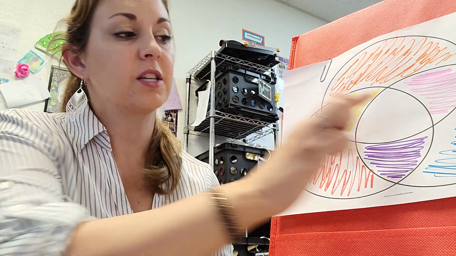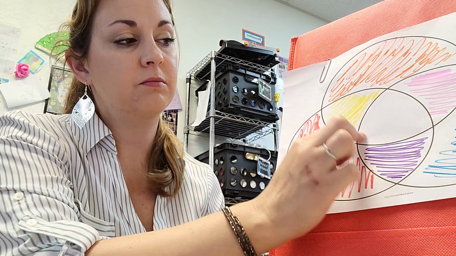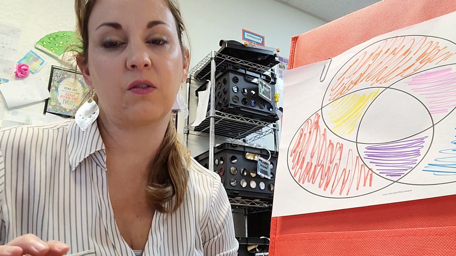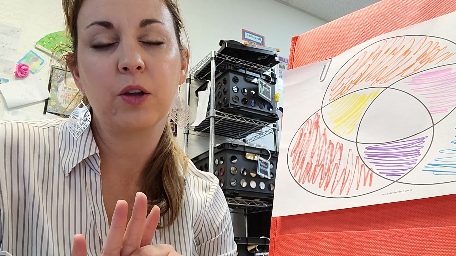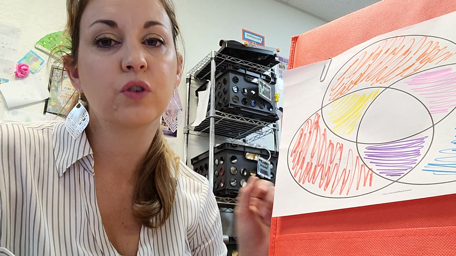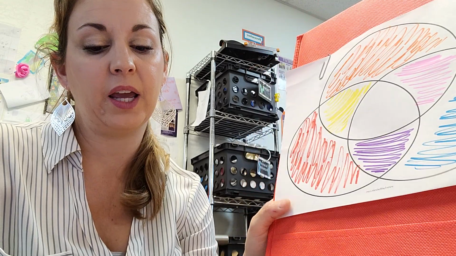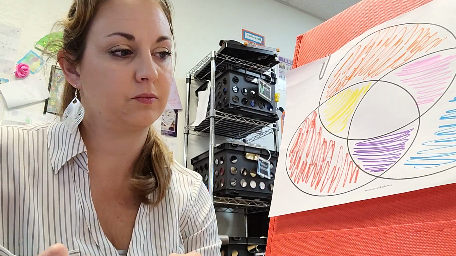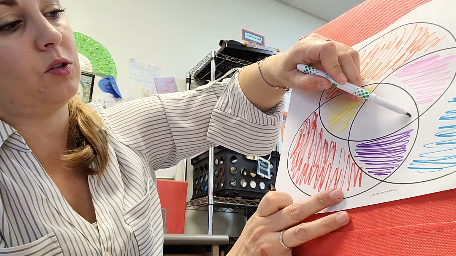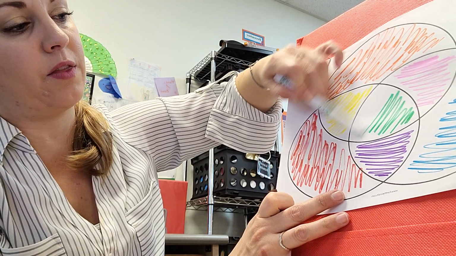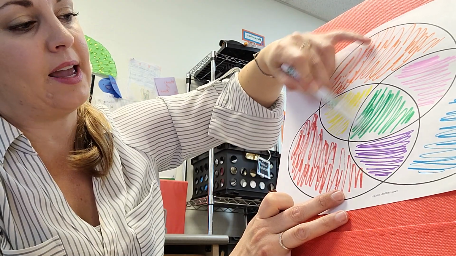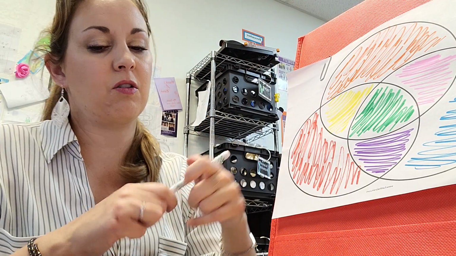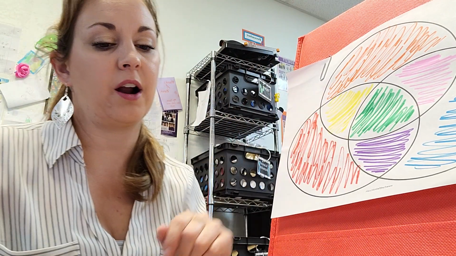Lastly, there's this huge spot in the center where all three circles overlap. That is where you will put information that is true from all three stories. So if it happened, or there's a character or a setting that takes place in all three, that'll go here.